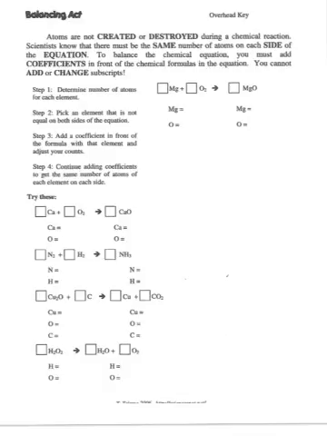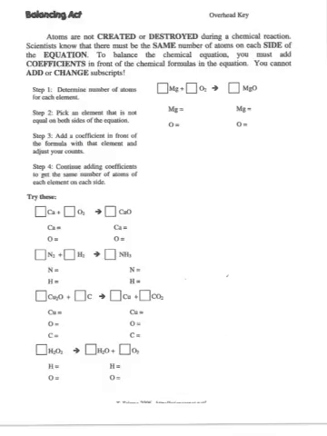Okay, so how does that work? If you notice right over here, this is a chemical equation that we are going to try to balance. There are 4 steps. You can see them over to the side. Step 1 is to determine the number of atoms for each element. Step 2 is to pick an element that is not equal on both sides of the equation.